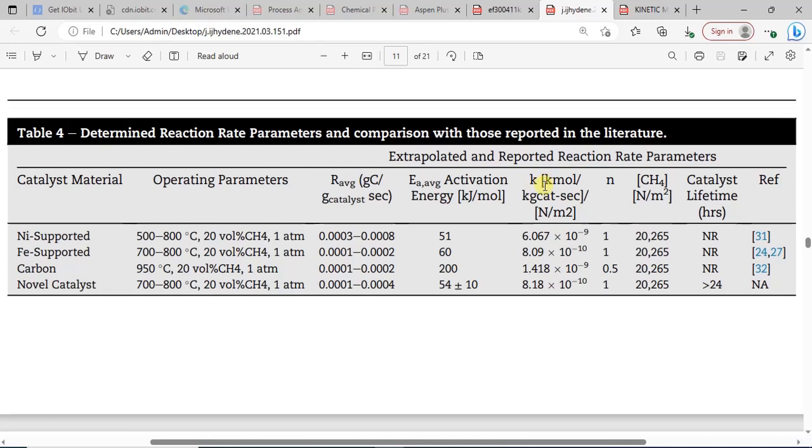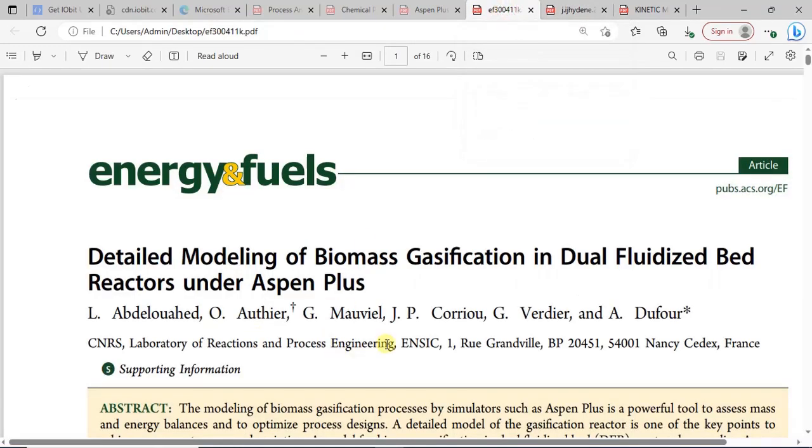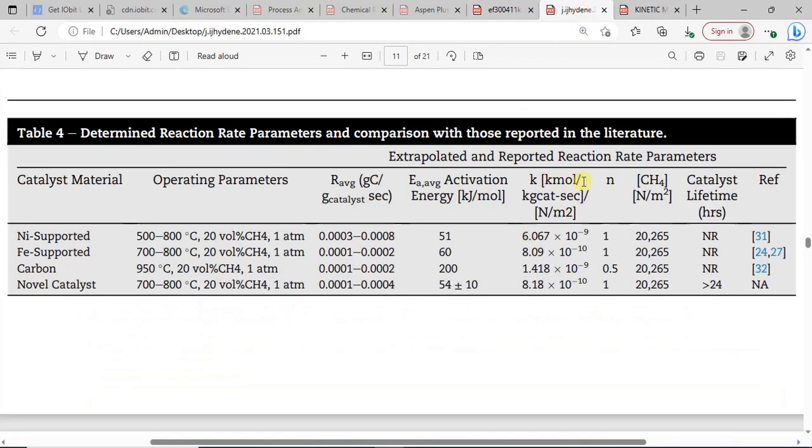So from here you can see k mole per kg cat. In this other one, what we had was k mole per m cube, but in this one it is k mole per kg cat. That is weight of catalyst.